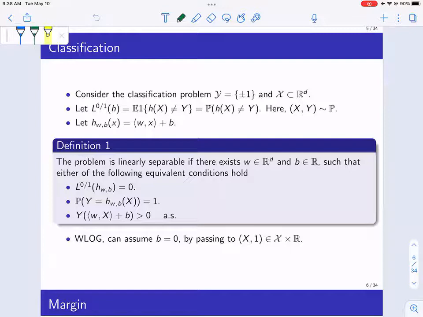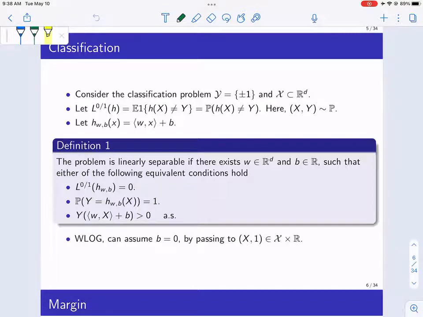So we're going to look at linear classifiers. We can say affine classifiers, where h is an affine function of x specified by this weight and the intercept, or what they call the bias in machine learning. And then we have this idea of linear separation.